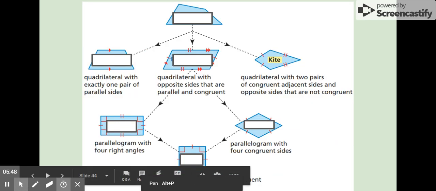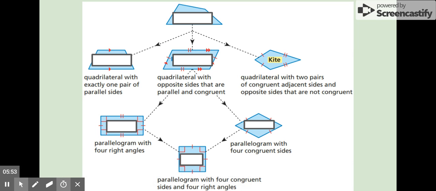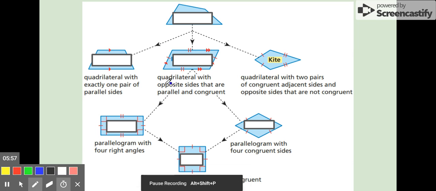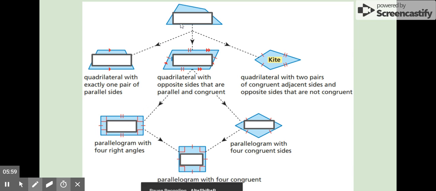All right, so now we're going to talk about quadrilaterals today. So we have quadrilateral with exactly one pair.